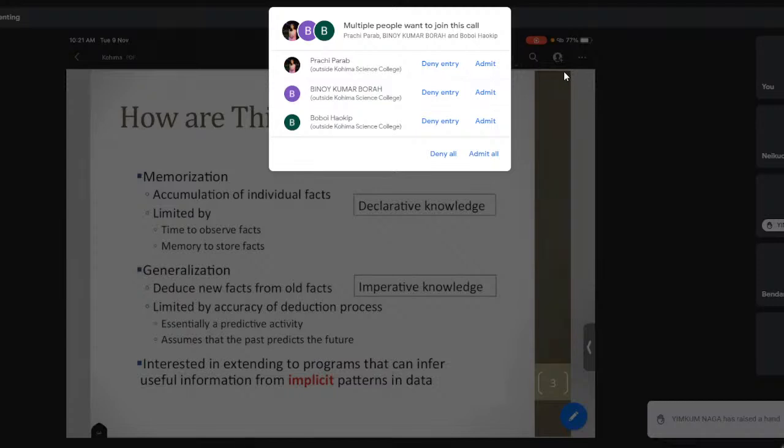In the imperative knowledge system, what we try to do is observe things, collect data, and from the knowledge we have gathered from these given data, we try to interpret some other conclusions which are not listed as facts.